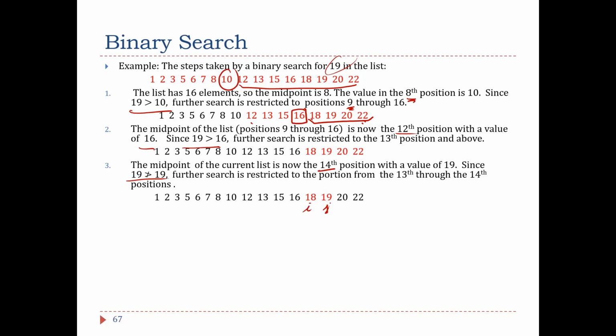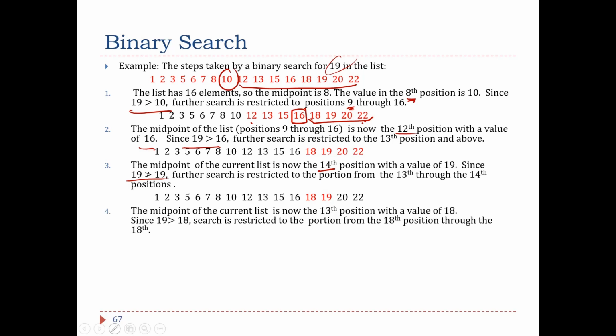If we consider half of this array, it's the 13th position. 19 is strictly greater than 18, then we have to push I further. Now I is looking at this position and j is looking at that position. It's not anymore the case that I is strictly less than j. So I becomes equal to j, which is equal to 14.